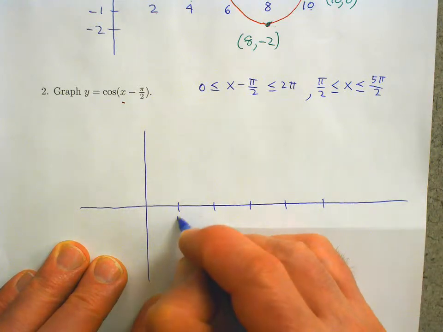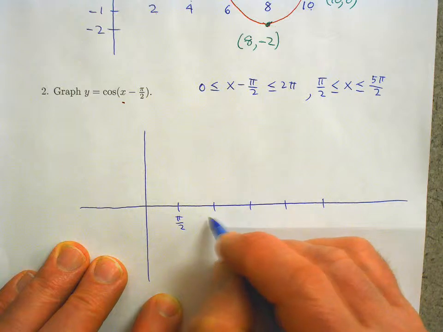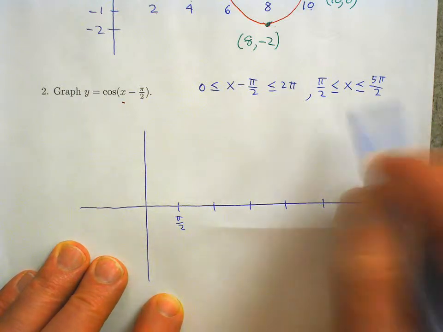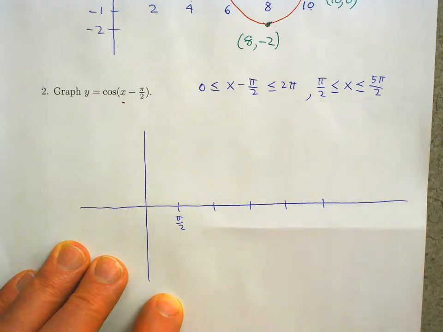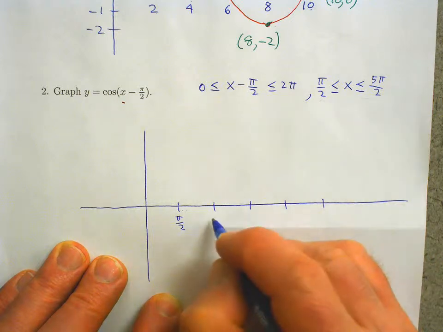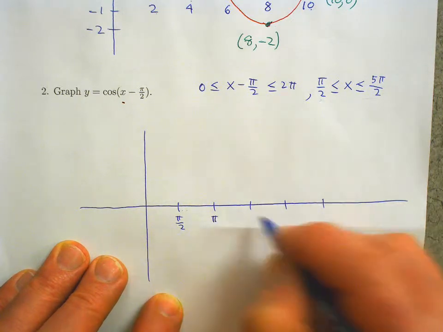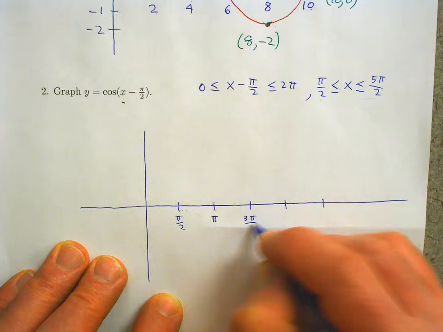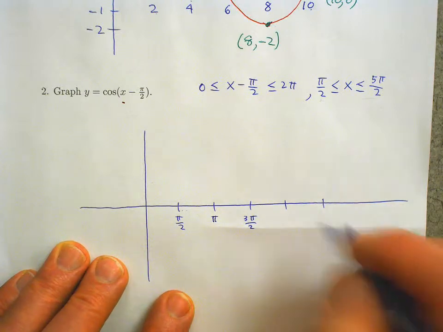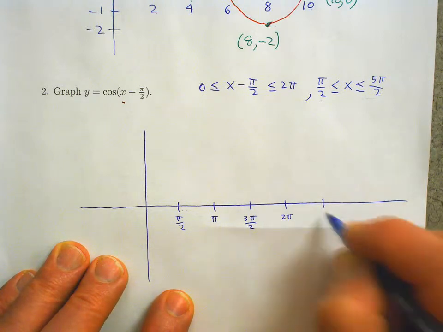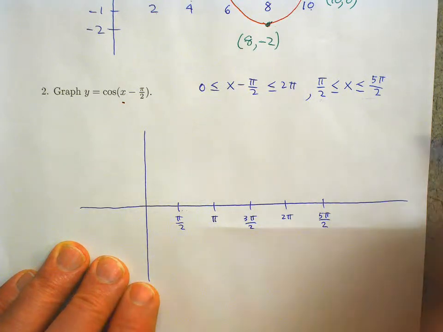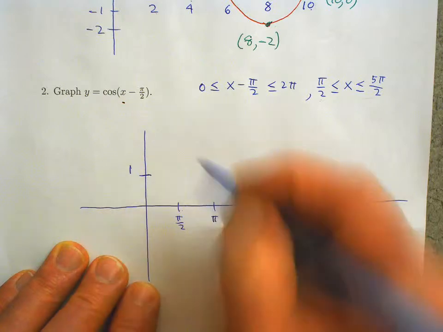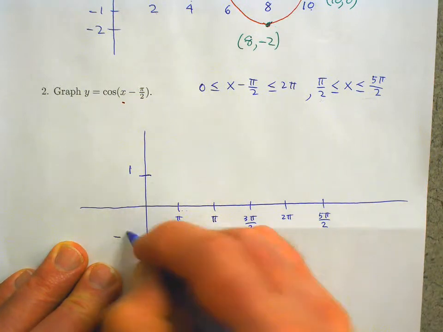Yeah, so if this is pi over 2, if I'm dividing an interval of length 2 pi into 4 equal parts, then each subinterval is 2 pi divided by 4, or pi over 2. So each of these subintervals is of length pi over 2. Okay, the amplitude is 1.